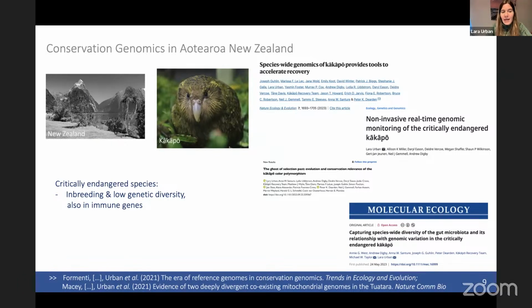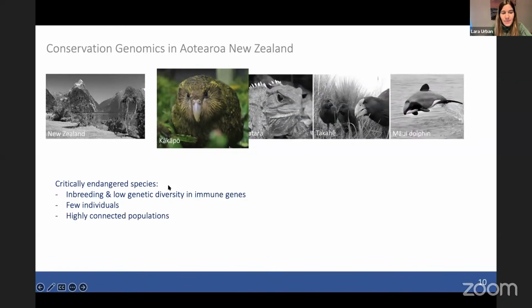What is in addition obviously the case for critically endangered species, in addition to their inbreeding and low genetic diversity, is that we have very few individuals left, and that we often have highly connected populations. In the case of the kakapo, it's only a few populations that live on tiny offshore predator-free islands in New Zealand.